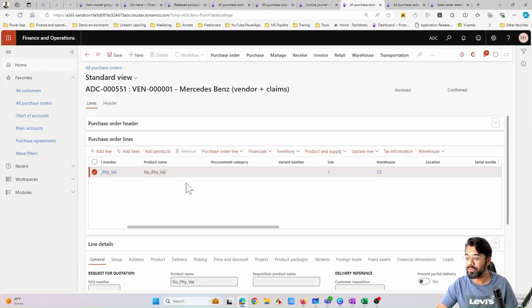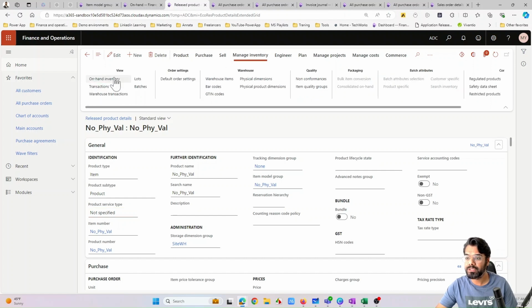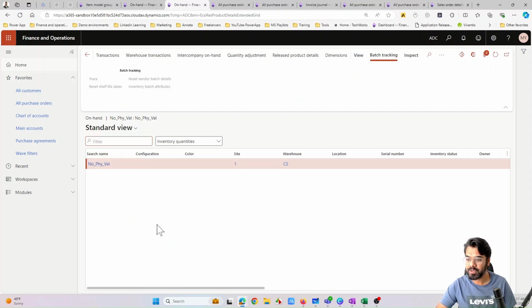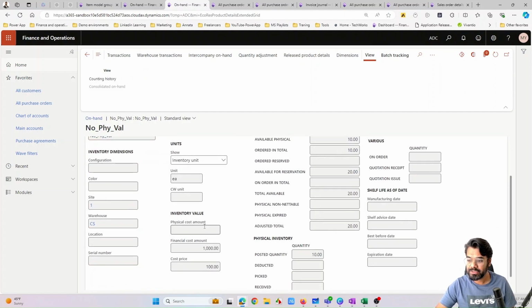Since I have already invoiced it, let me get into the on-hand inventory, which is supposed to be 10 because I only received the first PO, and there is no physical cost, there is only financial cost, which is 1,000, and right now the running average cost is 100.